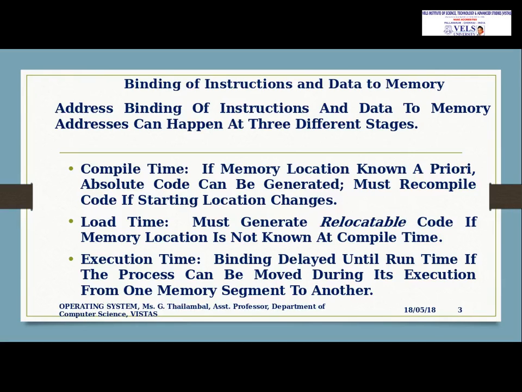In load time, even if we don't know the memory address, relocatable code will be generated by the operating system in order to point out the place where the data or instruction is stored. And in execution time, at run time, the process can be moved from one memory segment to another with the help of the memory address for running the process.